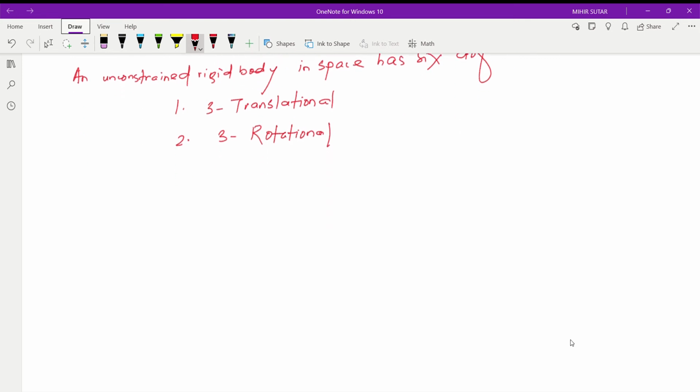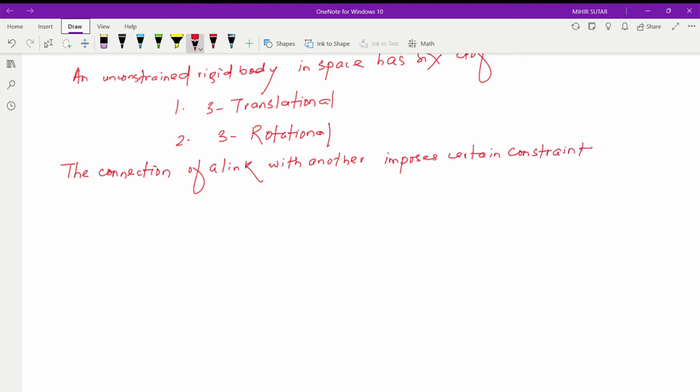The connection of a link with another imposes certain constraints on their relative motion.